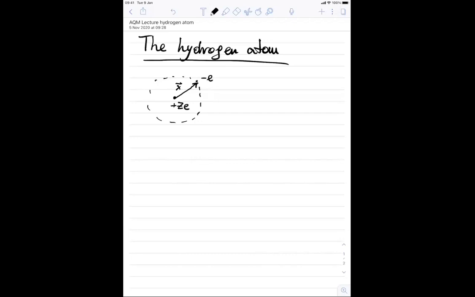So we introduced the center of mass, the total momentum, which was separated away, and we were left with the Hamiltonian for the relative motion that we wrote in the following way: the relative momentum squared divided by twice the reduced mass, mu, minus z e squared over the relative distance x.